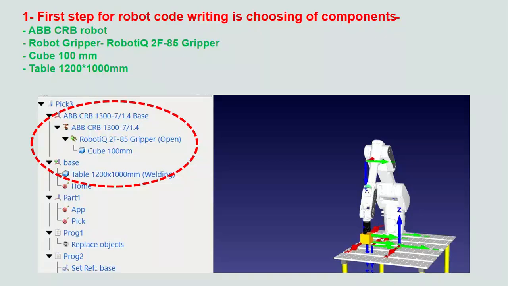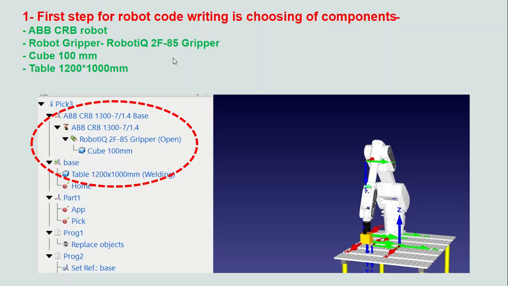The first step in this project is choosing the components. We have 4 components to put in the RoboDK environment. The first component is the ABB robot, the next is the robot gripper, RoboTQ, the other is a cube of 100 by 100 millimeter, and the last is a table.